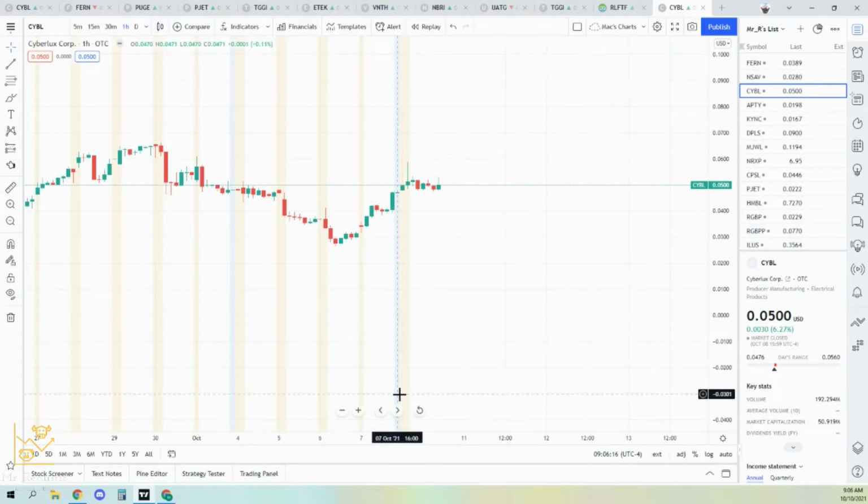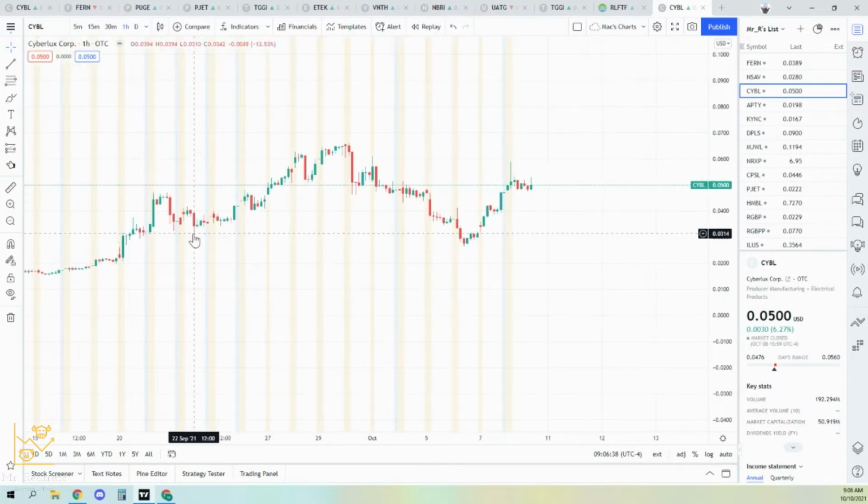Everything to the right of that blue dotted line going up is for that day. On the line and over to the right, every hour is equated to right there. If we track backwards in time, Thursday, we've got from here to here. Notice how they're broken up with the colors too, right here and right here. So you can keep an eye and see how the stock is fluctuating.